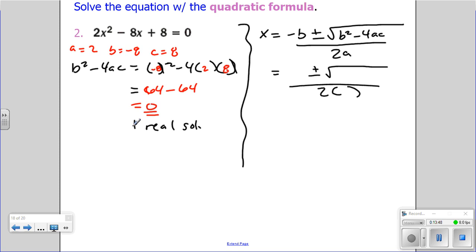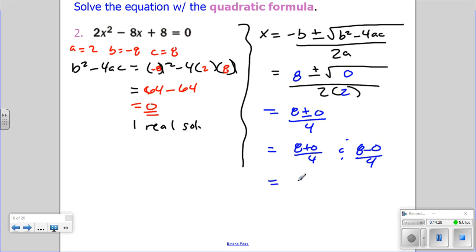So b is negative 8, so the opposite of that is positive 8. The discriminant was 0, that goes under the root, and then a was 2. So the square root of 0 is 0, so that would be 8 plus or minus 0 over 4. So it ends up being 8 plus 0 over 4 and 8 minus 0 over 4.